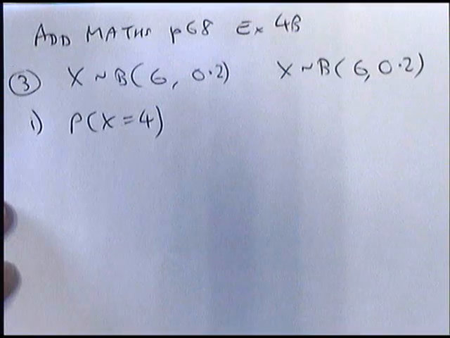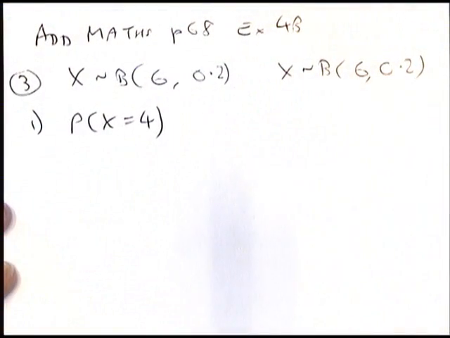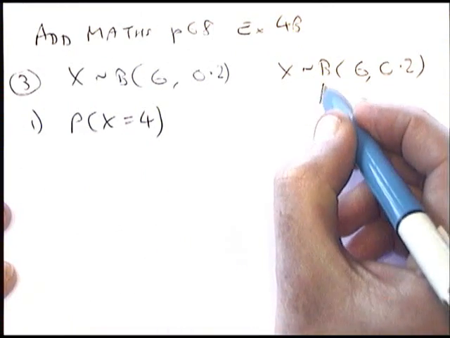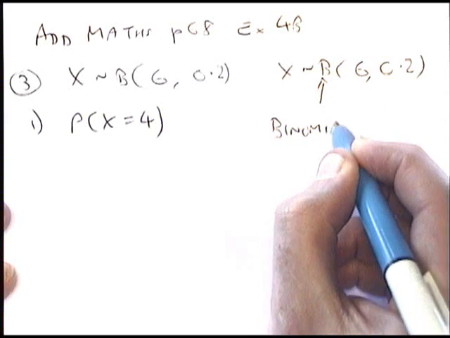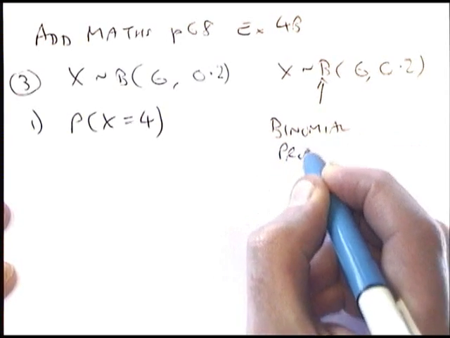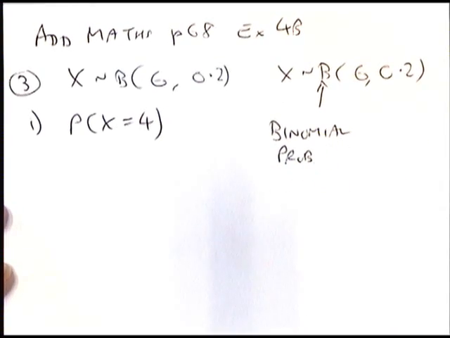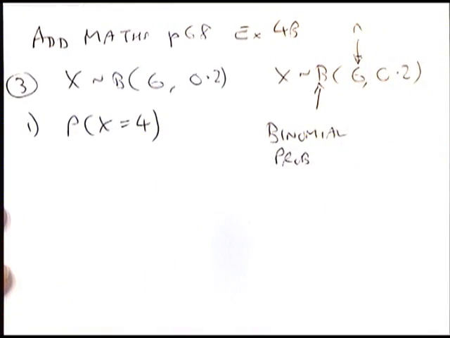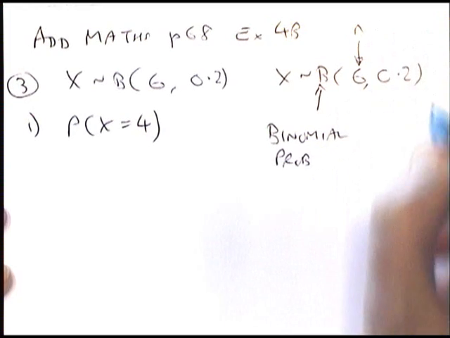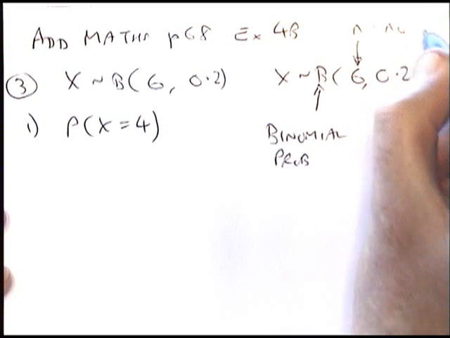To work out what each of these things means, the B here means it's a binomial probability. After that, the next two things: this is n, and n is the number of trials we're doing.